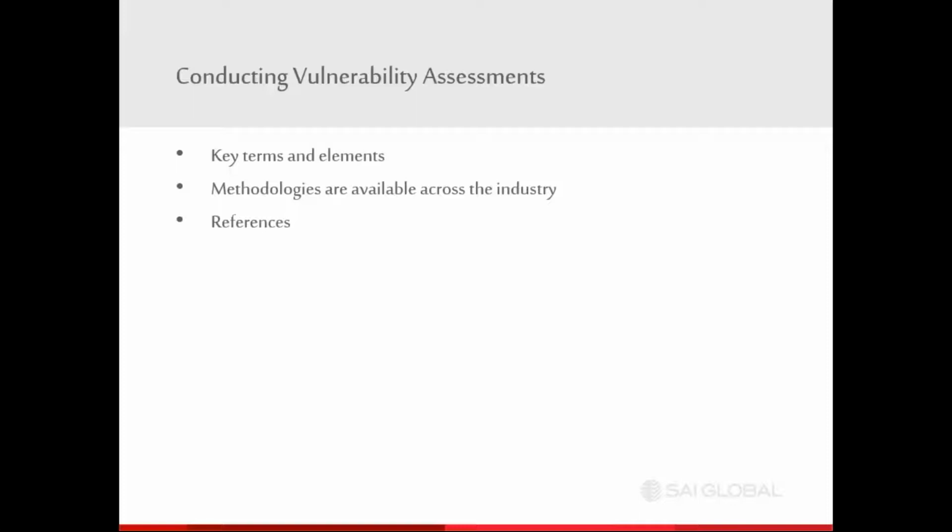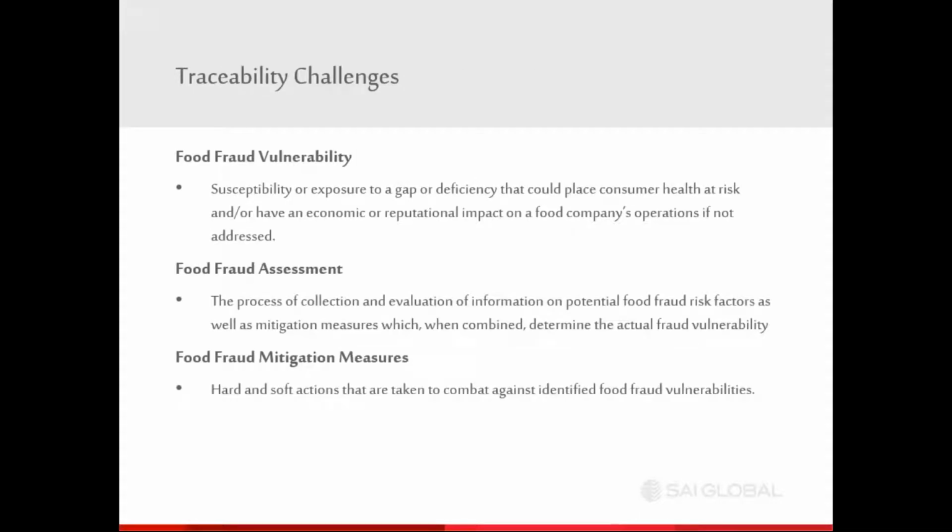Okay, so traceability challenges. Food fraud vulnerability is the susceptibility or exposure to a gap or deficiency that could place consumer health at risk and/or have an economic or reputational impact on food companies' operations if not addressed. So the big thing here, a vulnerability is a gap.